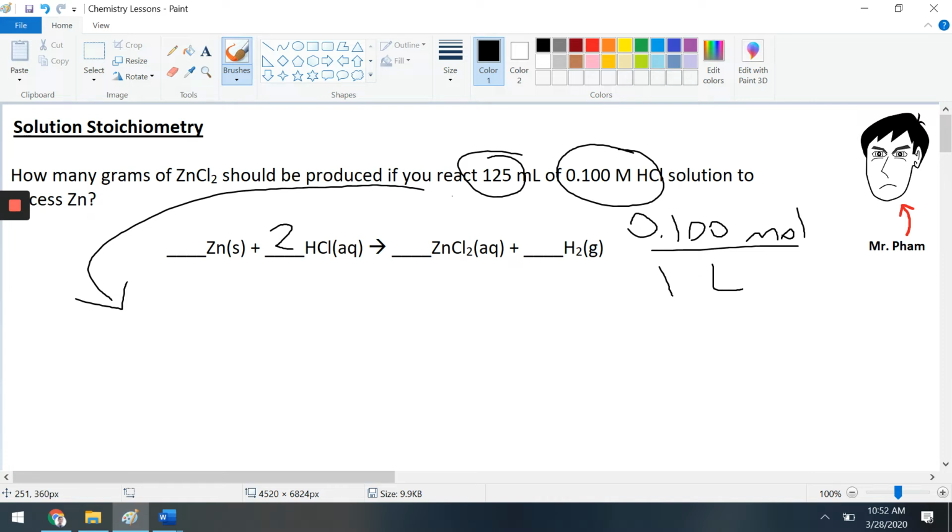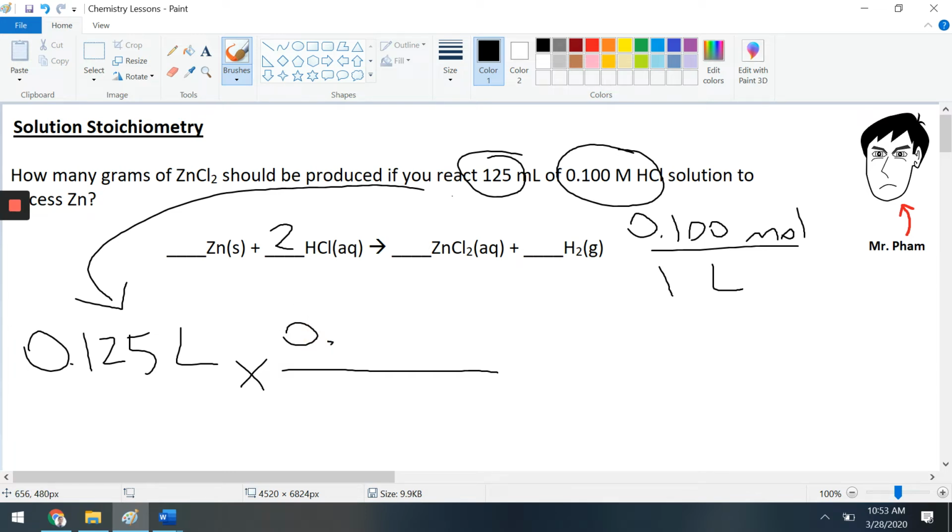So that's going to give you 0.125 liters of hydrochloric acid. Okay, so what am I supposed to do with the volume and the concentration? I'm going to multiply those two together. If you multiply your volume by your concentration, you're going to get the number of moles of hydrochloric acid.